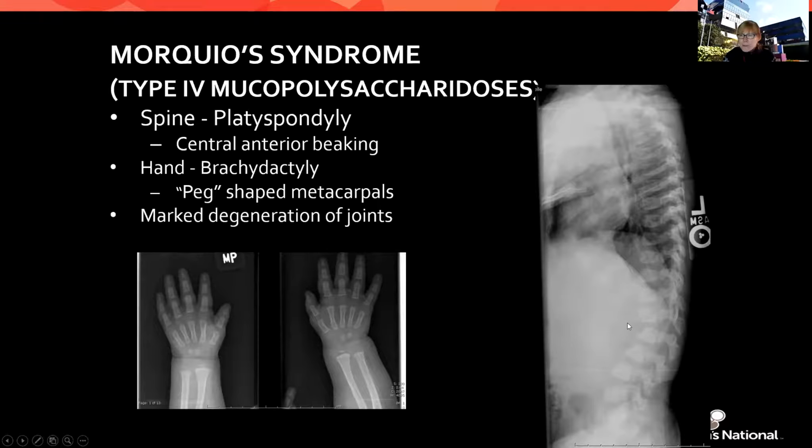The gibbous deformity is something you may see in any of the mucopolysaccharidoses, but it can help you in thinking, let me think about mucopolysaccharidosis, and oh, the dens look short, the epiphyses look a bit irregular, let me think about Morquio.